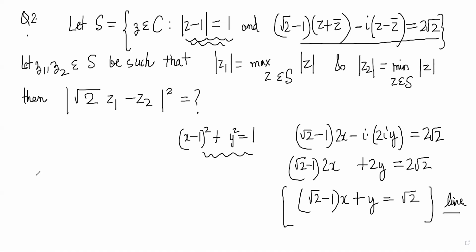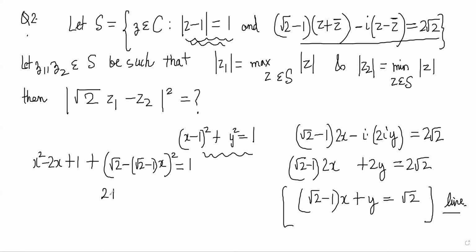So you're making a mistake. That is not the correct one. You're not solving the intersection properly. So if you see here, this is x square minus 2x plus 1 plus y square, where y square is root 2 minus root 2 minus 1 x whole square, is equal to 1.